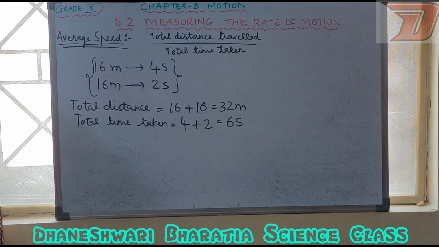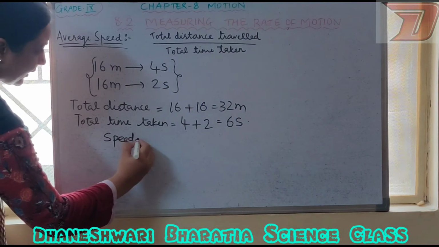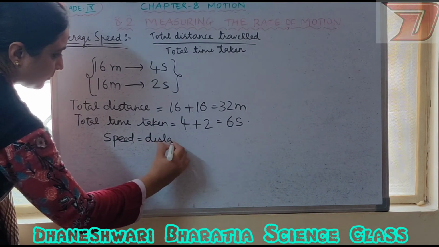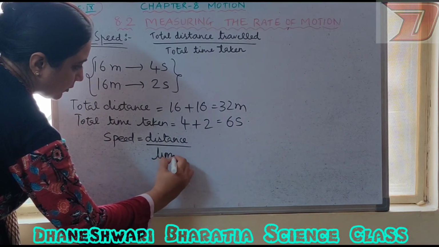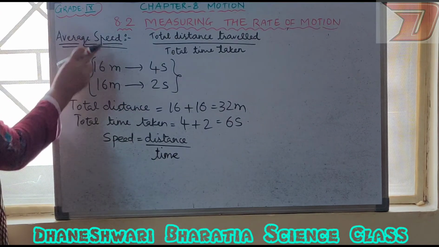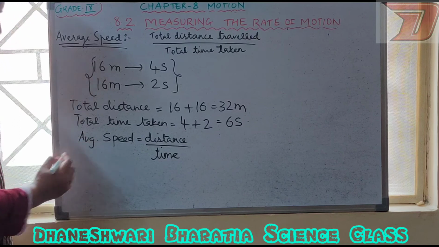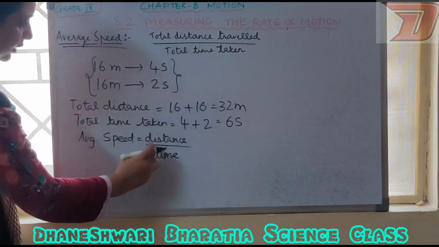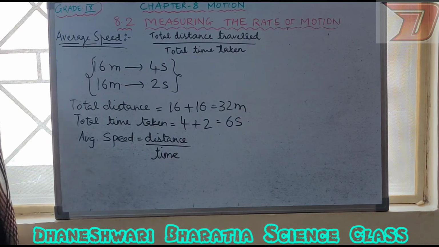Now we know the formula of speed. What is the formula of speed? Yes, speed is equal to distance upon time. Right? Here the formula is almost the same, but here what do we have to write? Average speed. Average speed will be your total distance travelled upon total time taken.